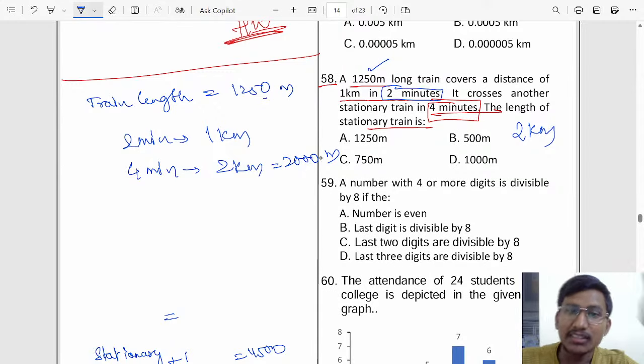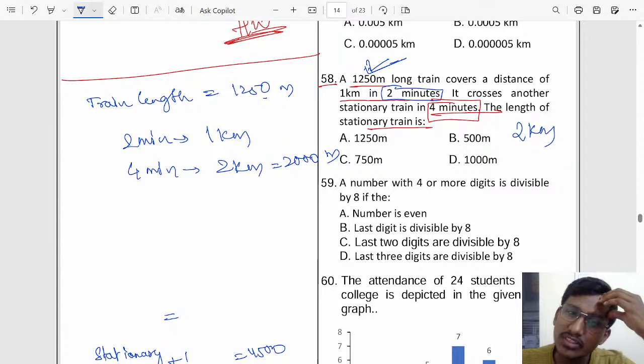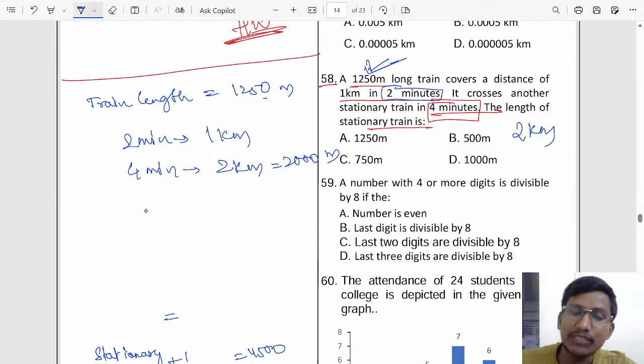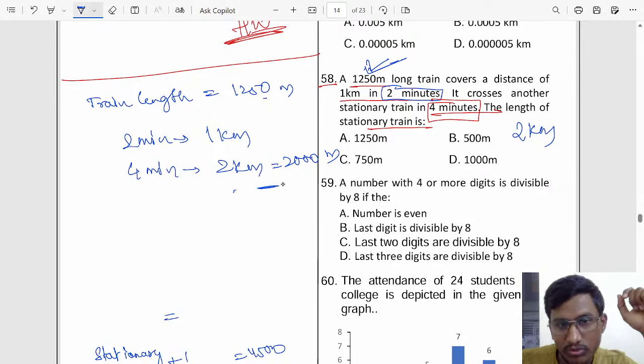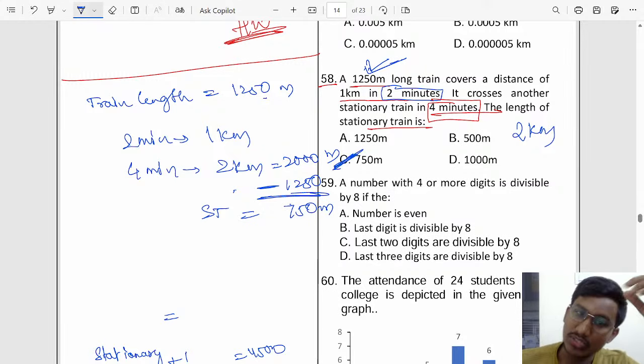In that, 1250 is also the train length. If you minus the train length, 1250, from the total distance of 2000 meters, you will get the stationary train length, which is 750 meters. Which option is that? C.